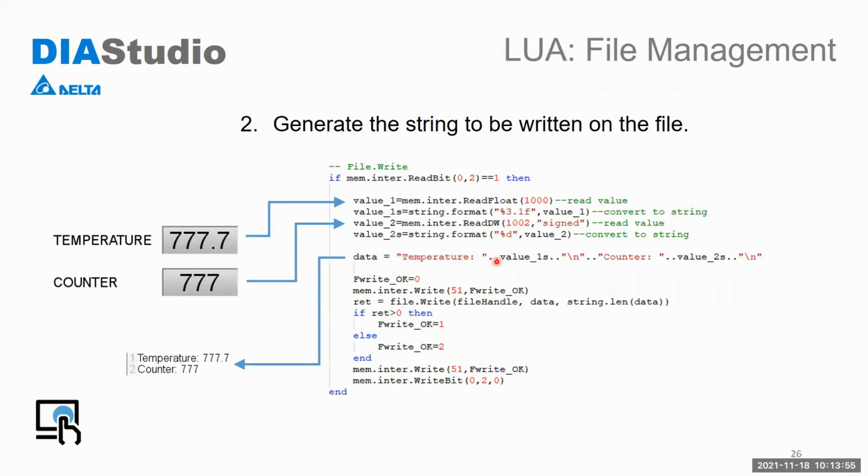With that temperature text, I put together the string of the value of the temperature. Then I move to the next line. I put the counter text. This is a string. And together with it, I will put the value2s, the string where I have converted the value of the counter. So I will show you something like this in my file.